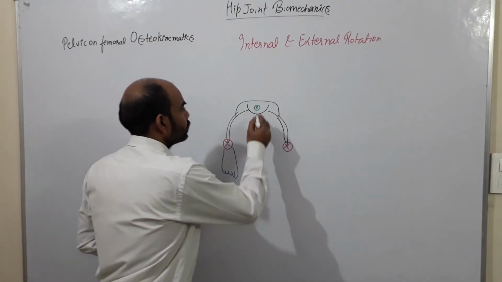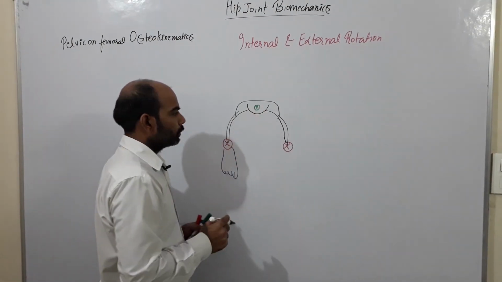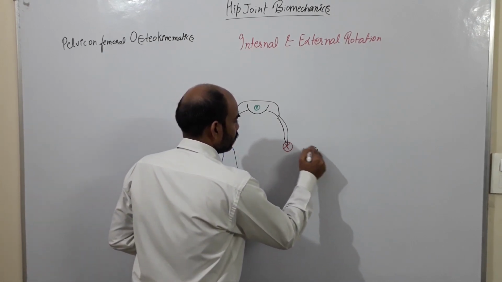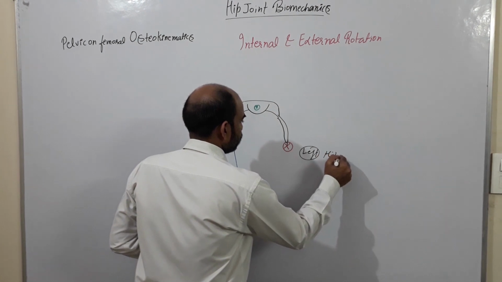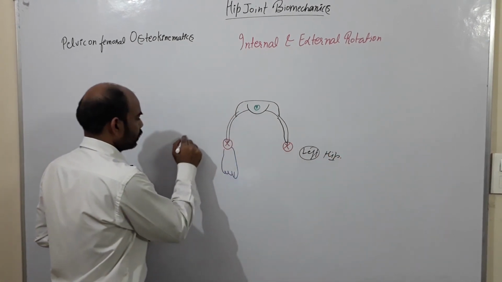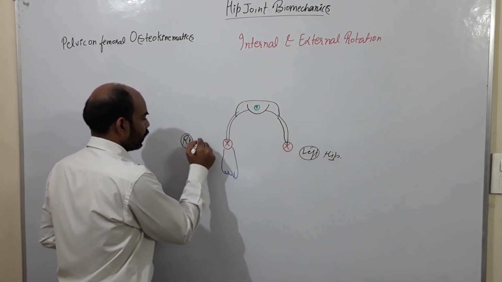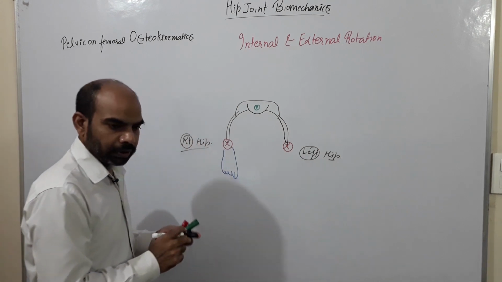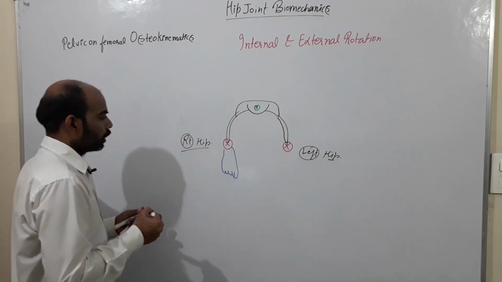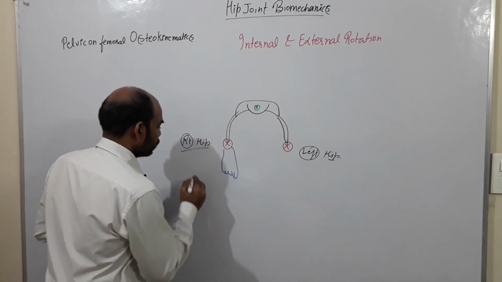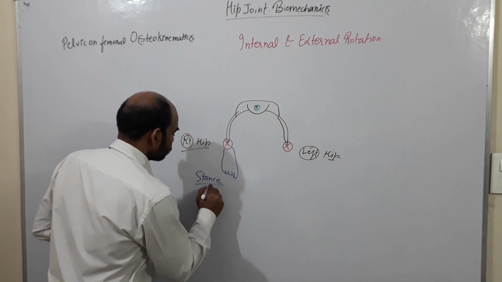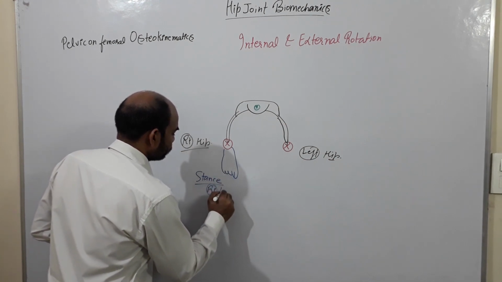Suppose this central part is a sacrum. This is the left hip joint center, and this is the right hip joint center, and the person is standing on the right limb.